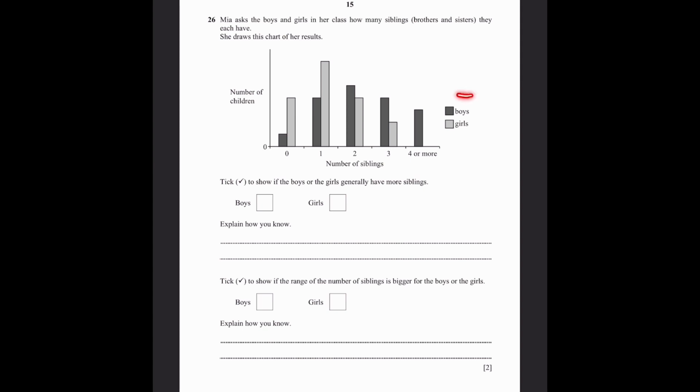Actually, we can say that it's the boys, because more boys than girls have larger numbers of siblings.